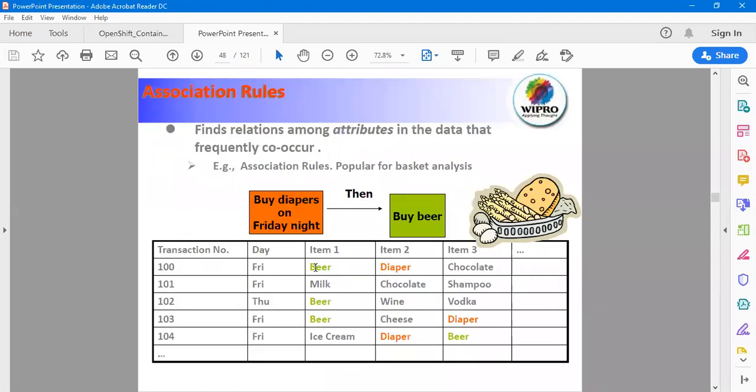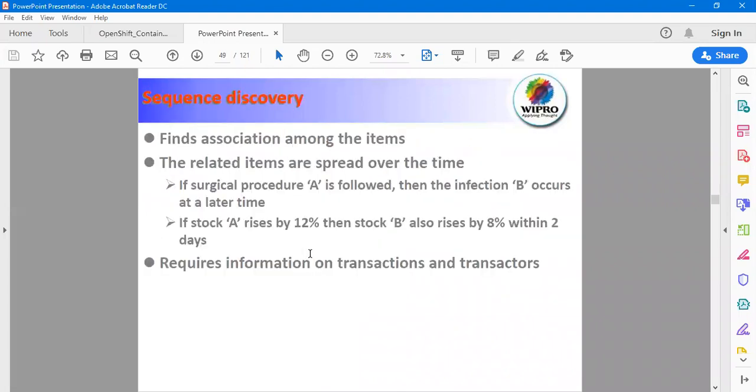If you don't want to do this manually, as said earlier, you can feed an algorithm to find out these combinations, which you are able to visualize here manually also. So you can feed the sequence discovery algorithm into the machine and you will get the repeated patterns.